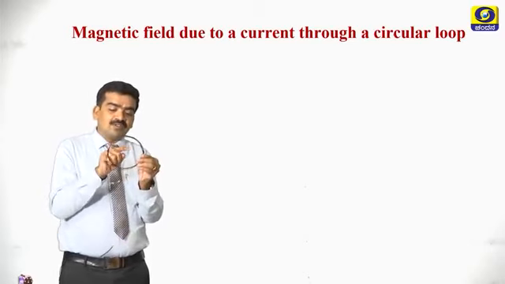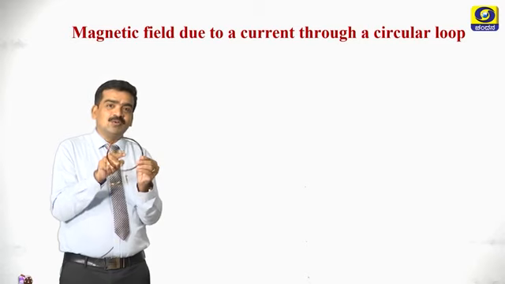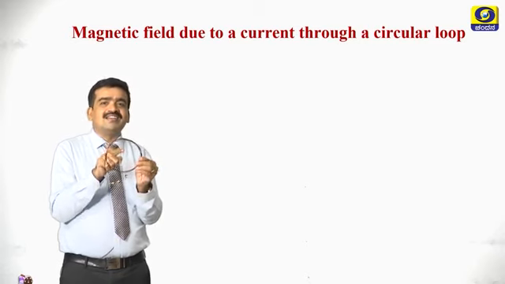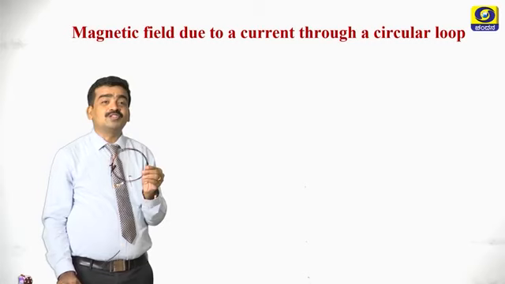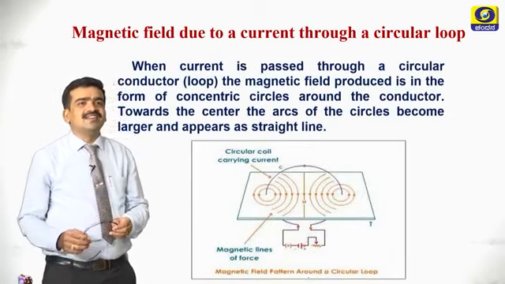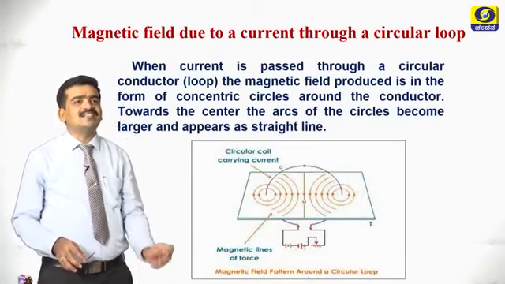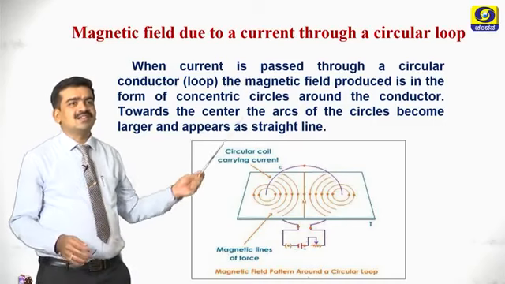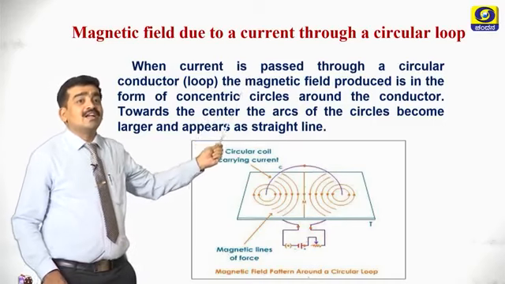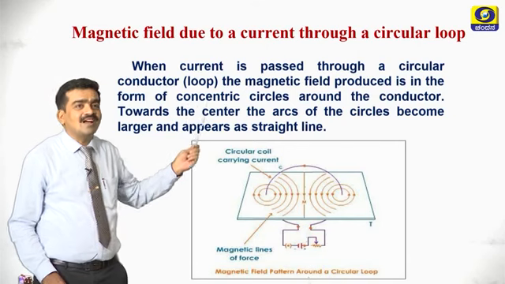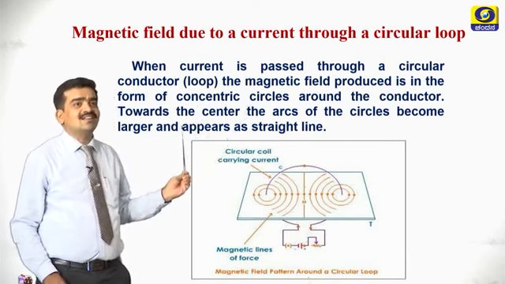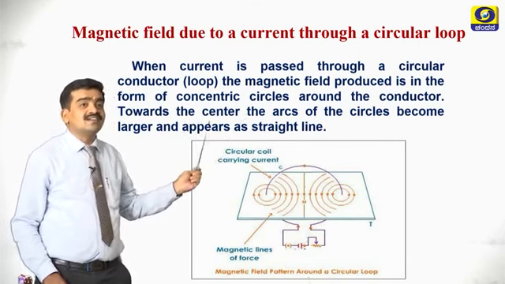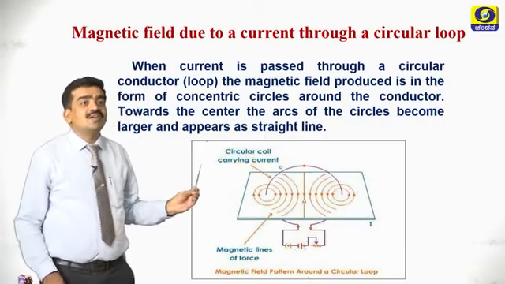So what happens if you go to the center of this loop? Definitely the lines appear to be straight. So when current is passed through a circular conductor or a loop, the magnetic field is produced in the form of concentric circles around the conductor. Towards the center, the arcs of the circle become larger.